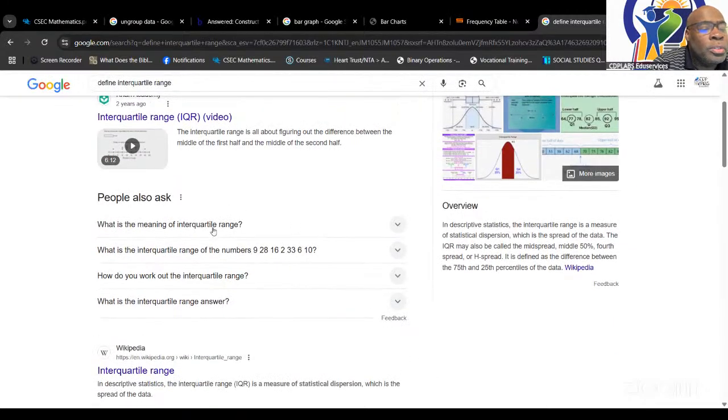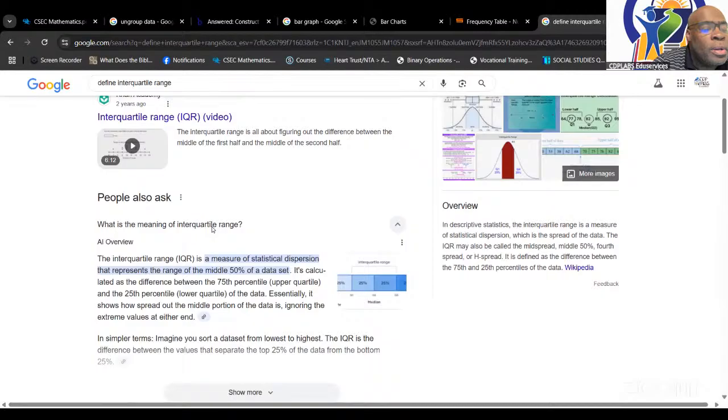So let's look for a definition. The interquartile range is a measure of statistical dispersion that represents the range of the middle 50% of a data set. It is calculated as the difference between the 75th percentile, which is the upper quartile, and the 25th percentile, which is the lower quartile of the data. So to find the interquartile range, naturally you're going to draw a curve.